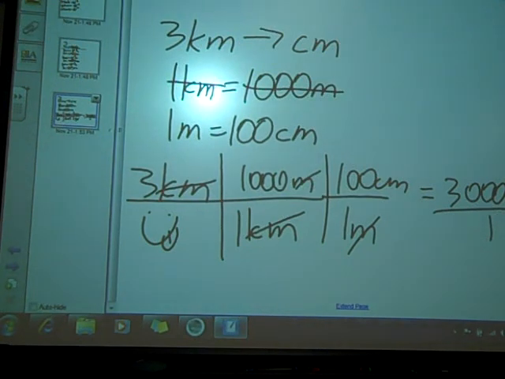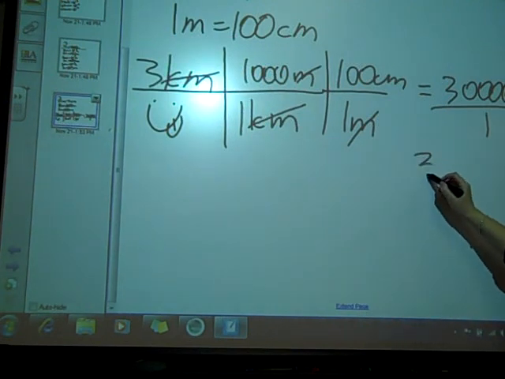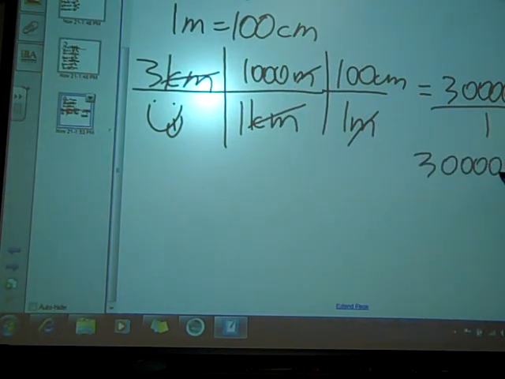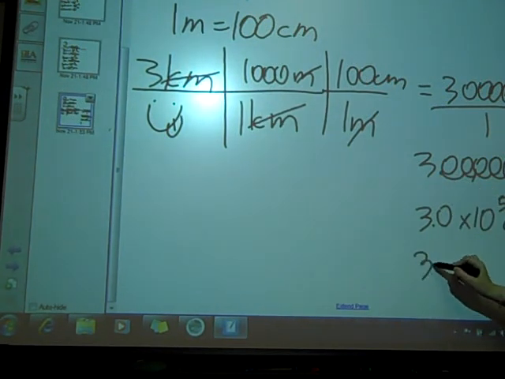All the way across the bottom, multiplication gives us 1. So this is 300,000 centimeters. If we like, we can put this in scientific notation. 1, 2, 3, 4, 5. Or we can replace that times 10 to the with the E.